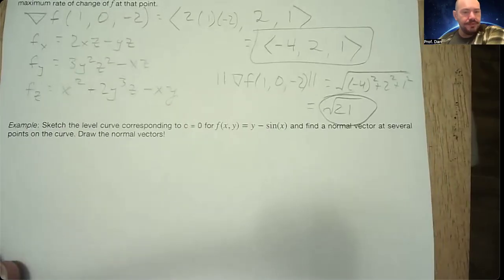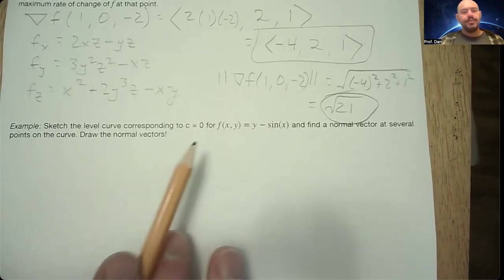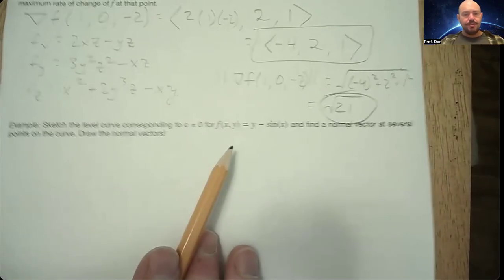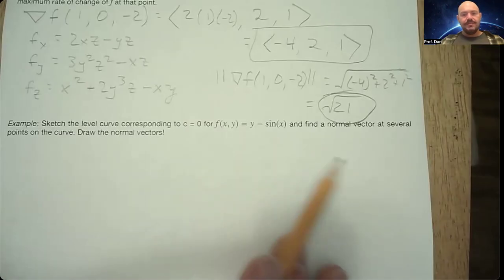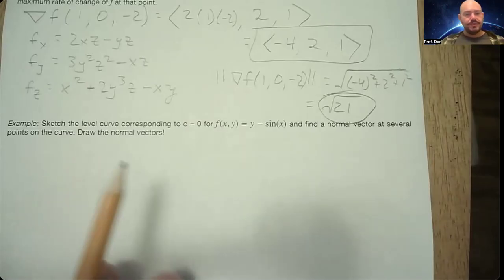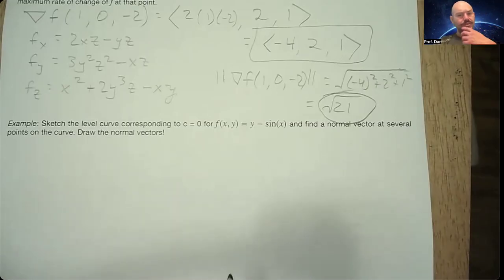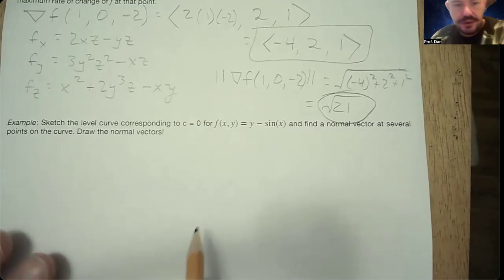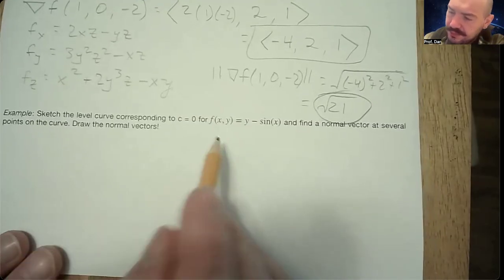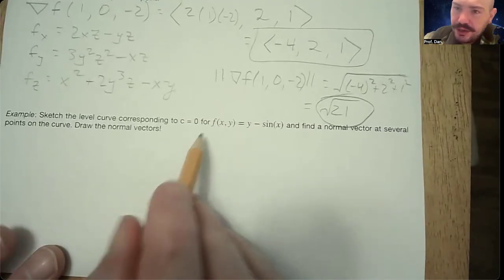All right, and then we have another example. Sketch the level curve corresponding to c equals 0 for this given function, and find a normal vector at several points on the curve, then draw your normal vectors. So first off, level curve.